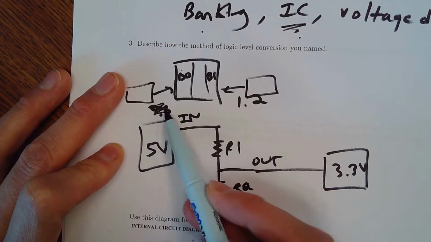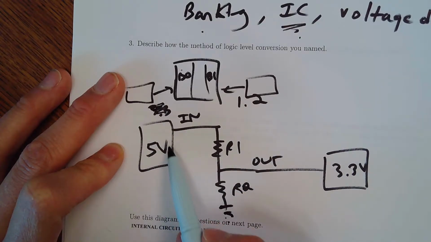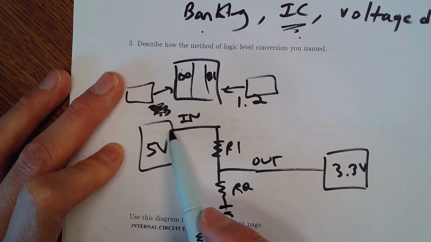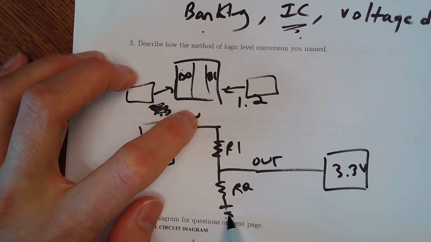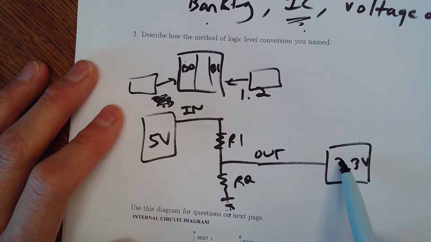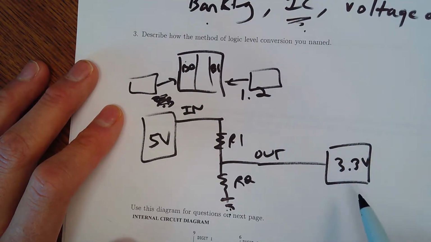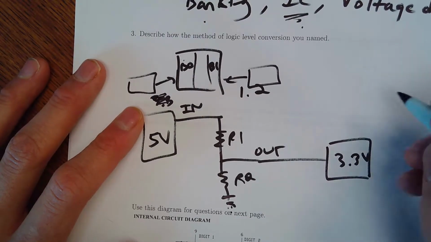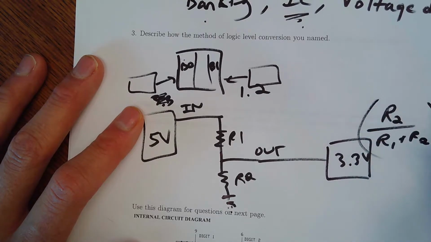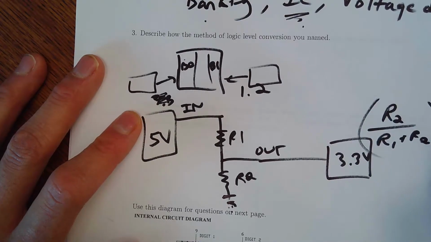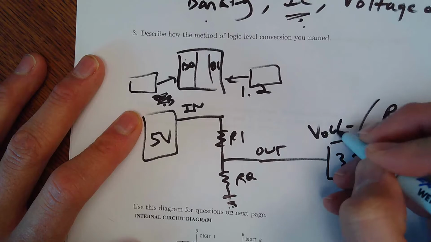And then the other thing is when the logic level is 0, 0 volts comes here, it's also ground, 0 volts. The output's going to see 0 volts as well, okay? So the equation: R2 over R1 plus R2 times V in equals V out.